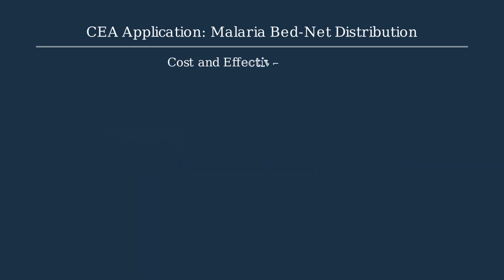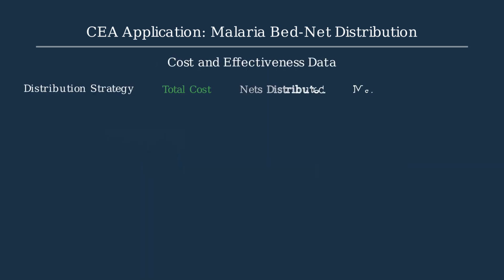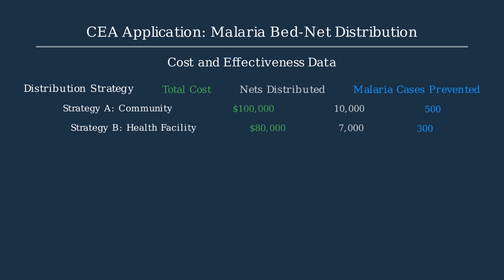To perform our cost-effectiveness analysis, we need data on the costs and health outcomes of each strategy. Strategy A costs $100,000 and prevents an estimated 500 cases of malaria by distributing 10,000 bed nets. Strategy B costs $80,000 and prevents an estimated 300 cases of malaria by distributing 7,000 bed nets.